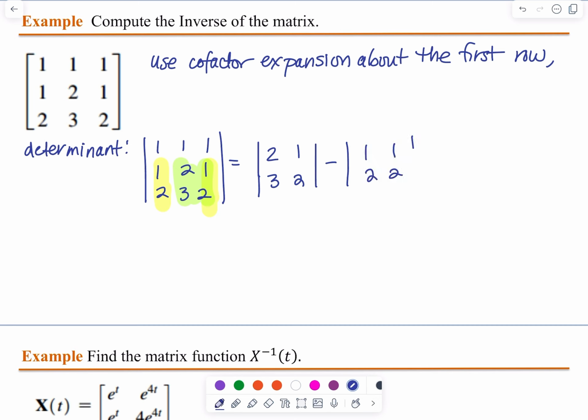And then we will add, see if I can find one other color here.